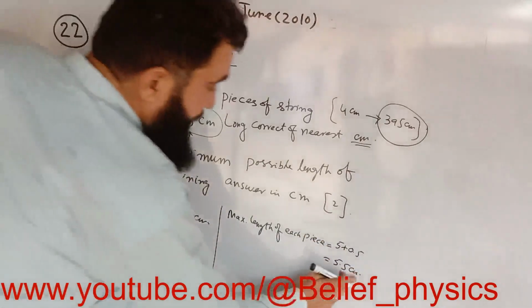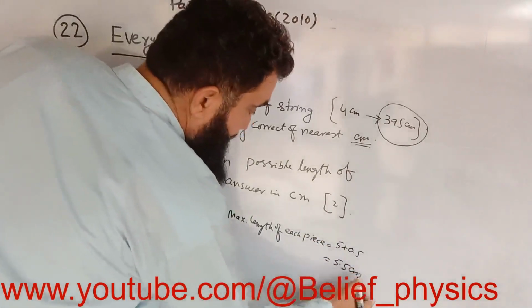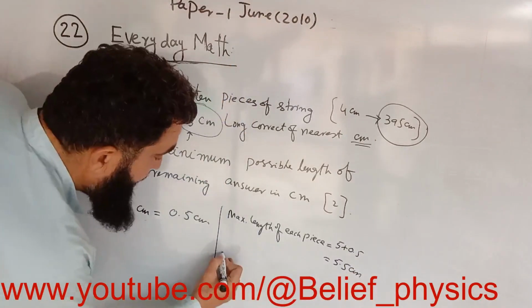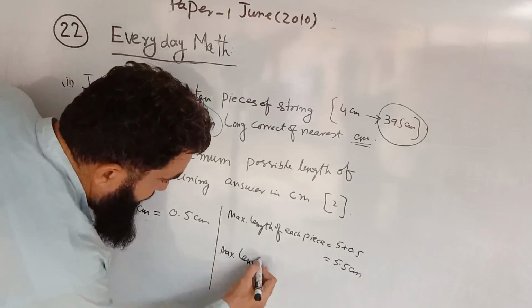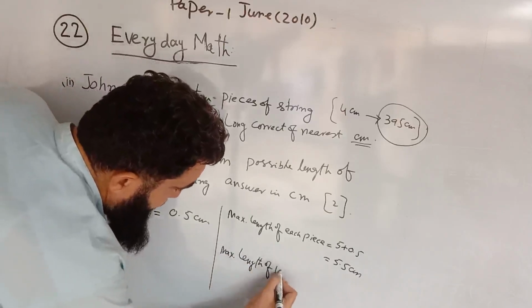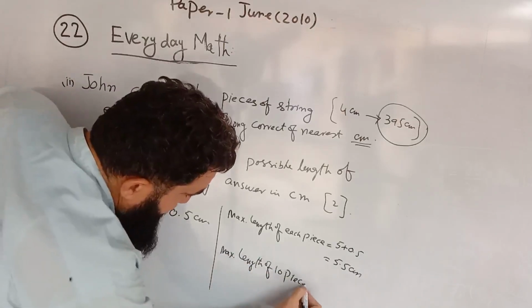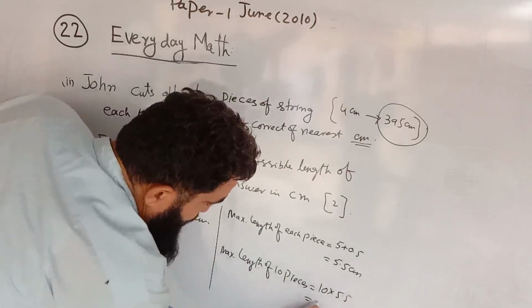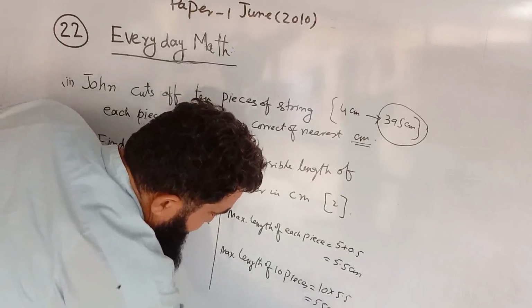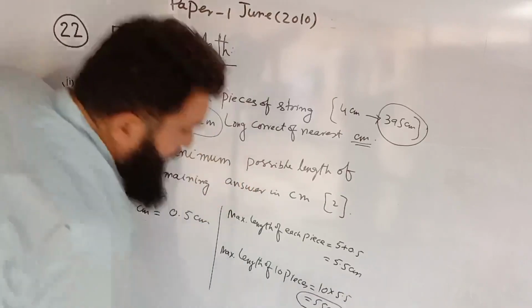So it is the maximum length of each piece. Therefore maximum length of 10 pieces will be equal to 10 into 5.5, equal to 55 centimeter. This is the maximum length.